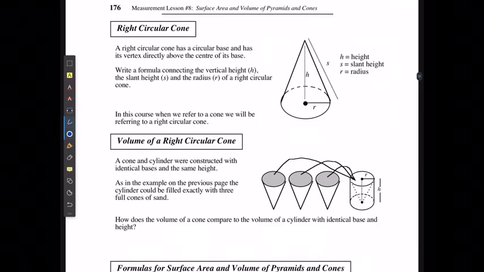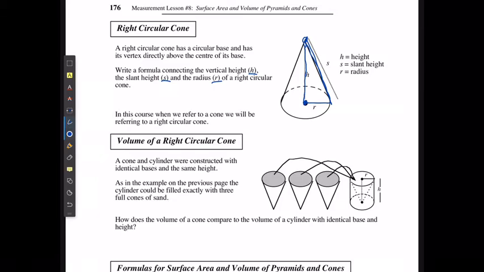If we're dealing with a right circular cone, it has a circular base and its vertex directly over the center of the circle. If we're writing a formula connecting the vertical height, the slant height and the radius, I can see that the radius, the slant height going up the side of a face, and the vertical height going from the apex to the center of the base create a right triangle.